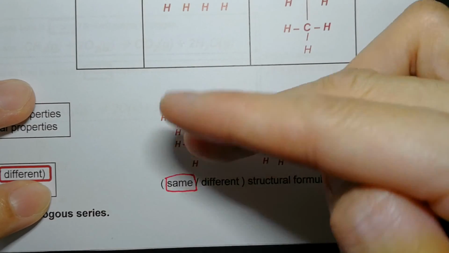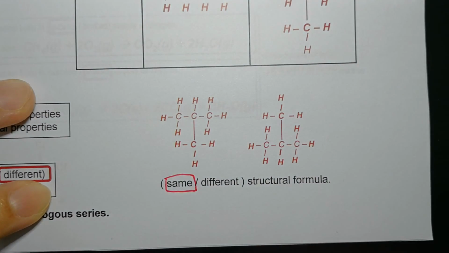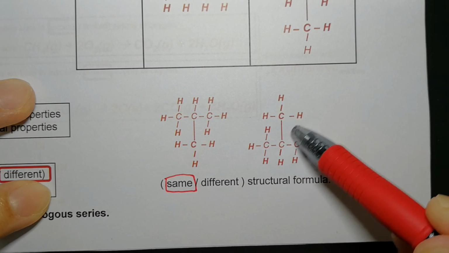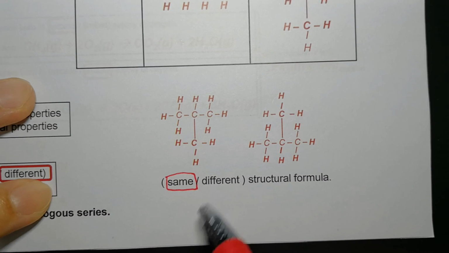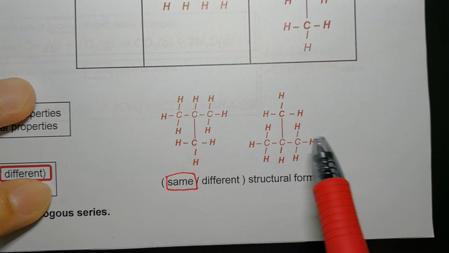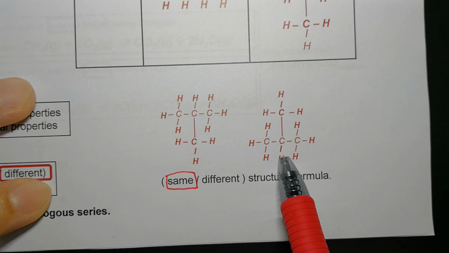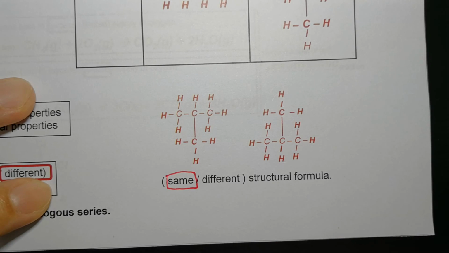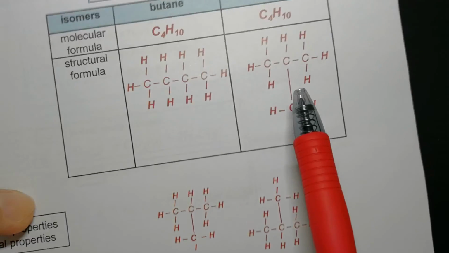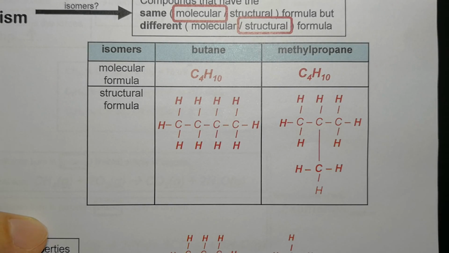When you flip it, the branch would be at the top. So these two have the same structural formula and the same molecular formula, which means they are not isomers.